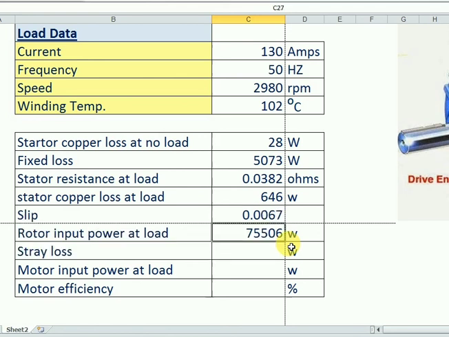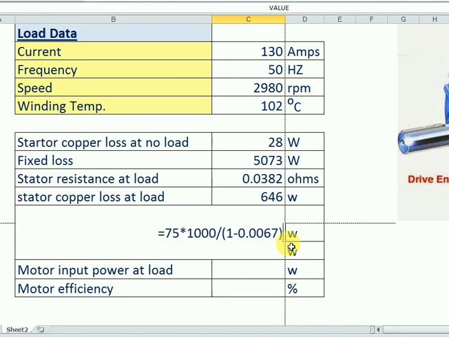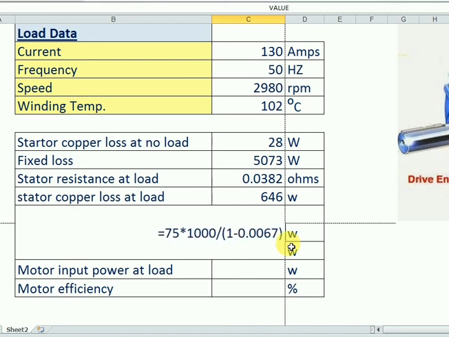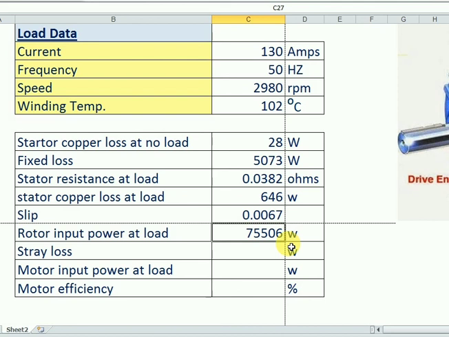Stray loss we already discussed. Based on the capacity we can take it. For 75 kilowatt it will be 1.8 percent of the motor design capacity, so 1350 is the stray loss.